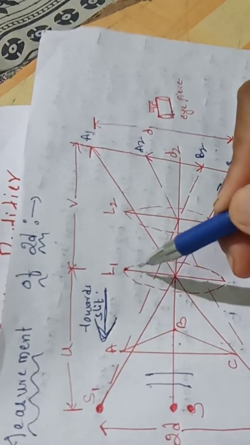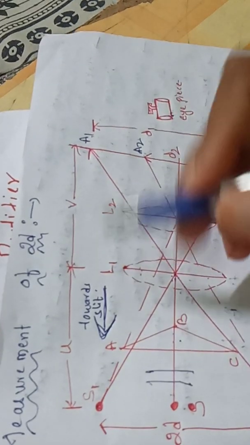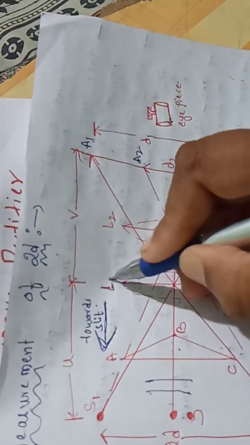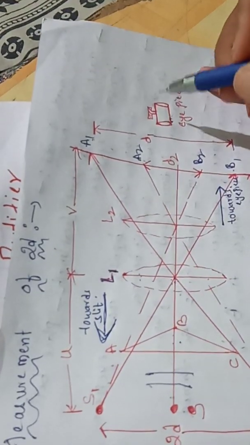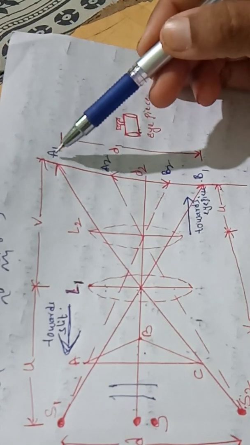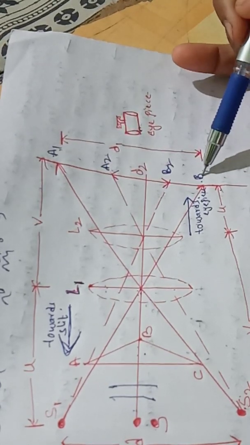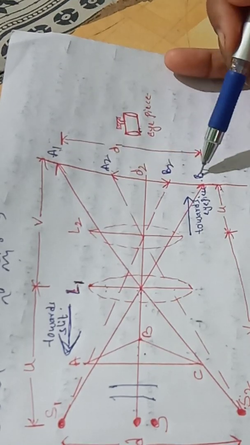At one particular position, say L1, we find two images A1 and B1.